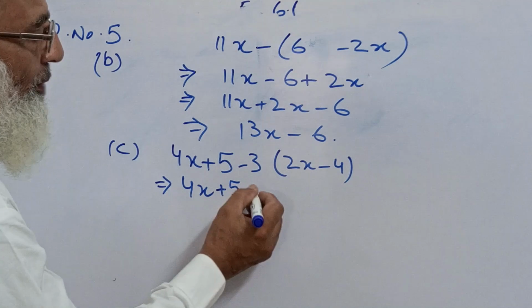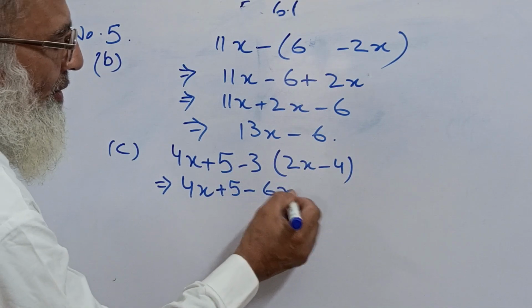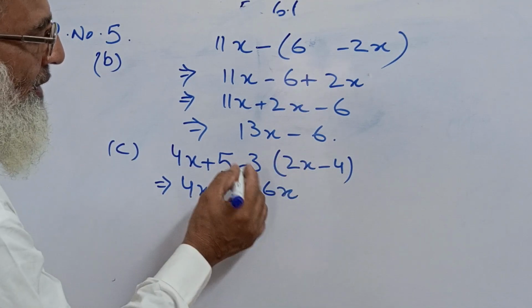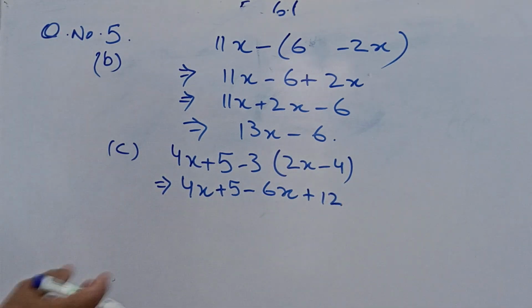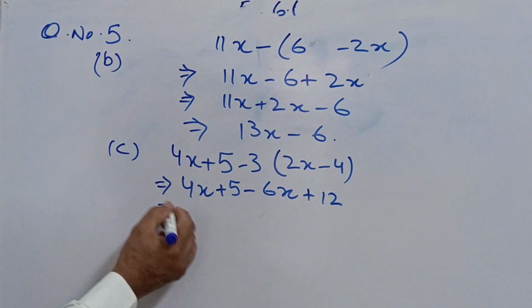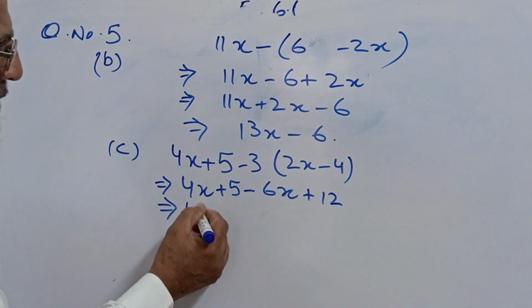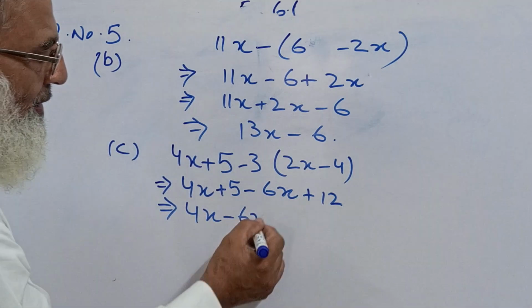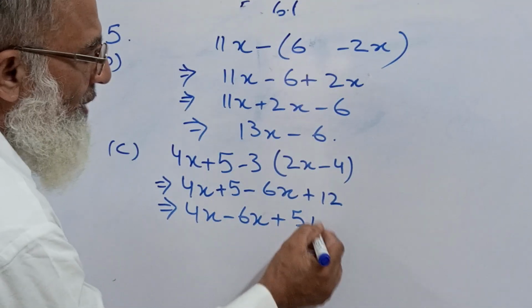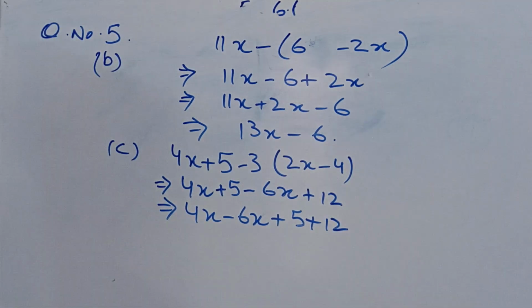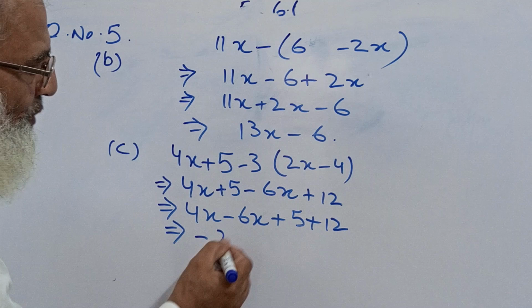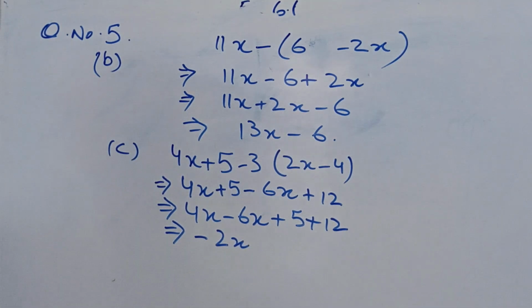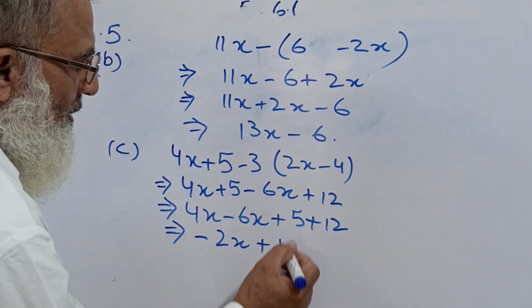So it will become minus 6x and plus 12. Now bring the like quantities together: 4x minus 6x plus 5 plus 12. And now it is minus 2x plus 17, which is your answer.